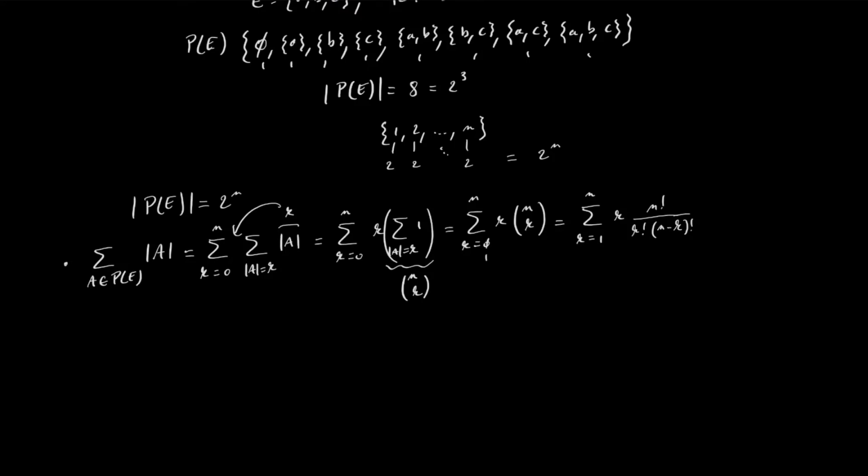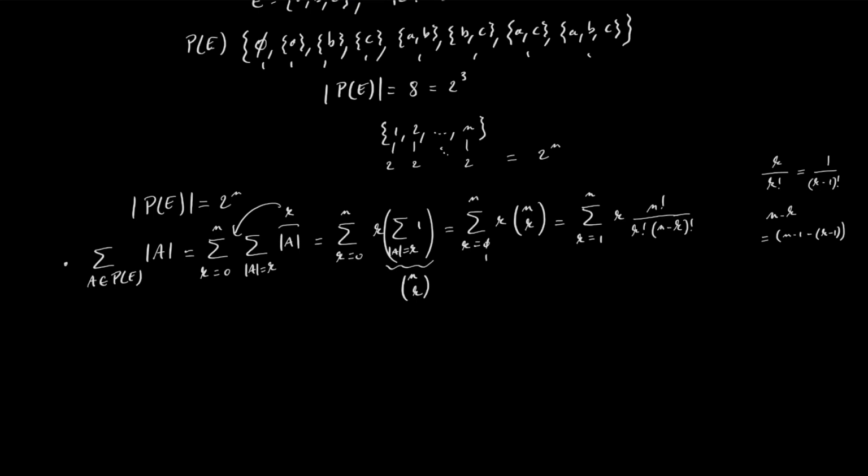Here what we can notice is that we have a k on the numerator and the denominator, and we know that k divided by the factorial of k will be equal to 1 divided by the factorial of k minus 1. And we can also notice that n minus k is equal to (n minus 1) minus (k minus 1).